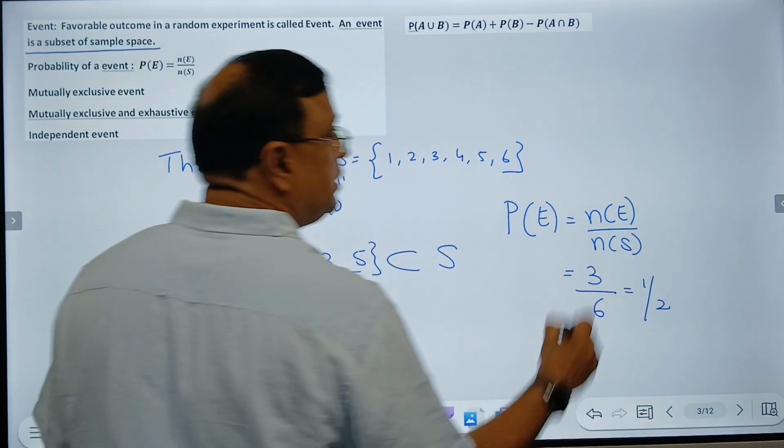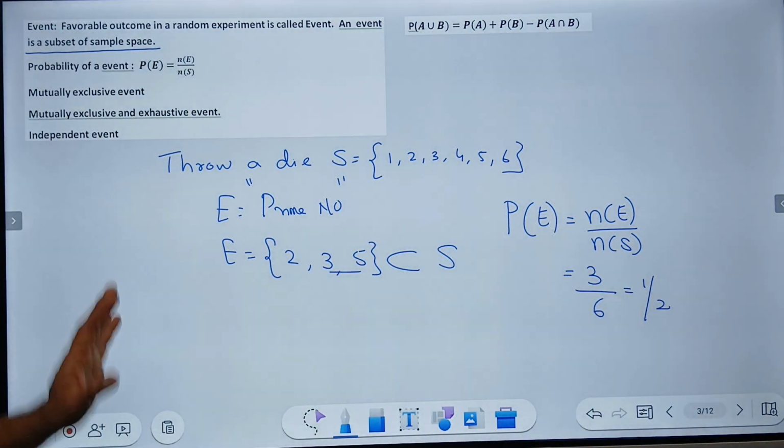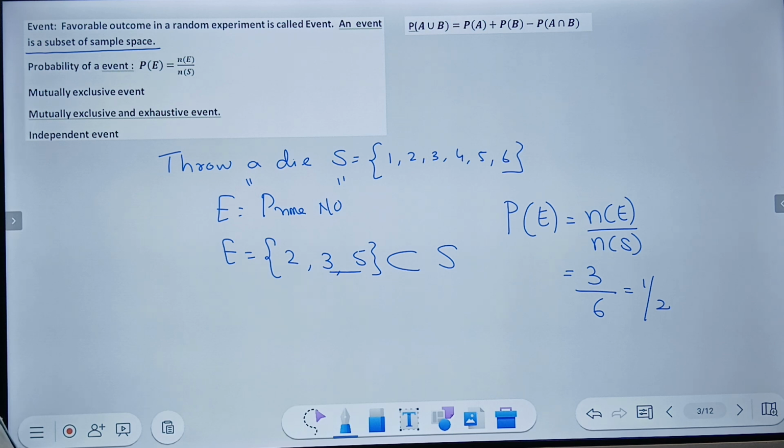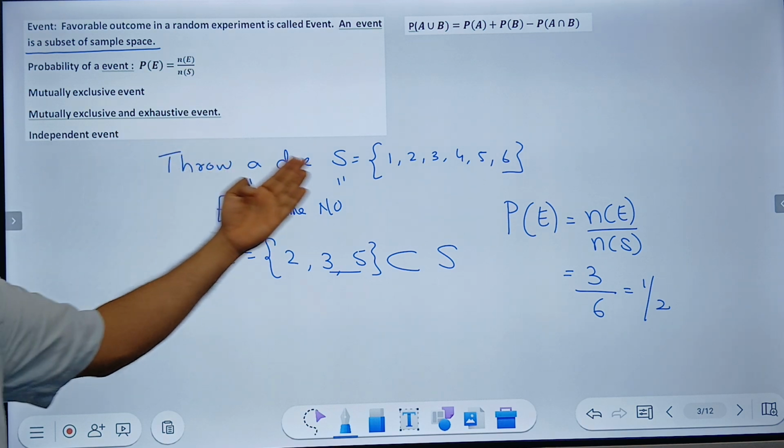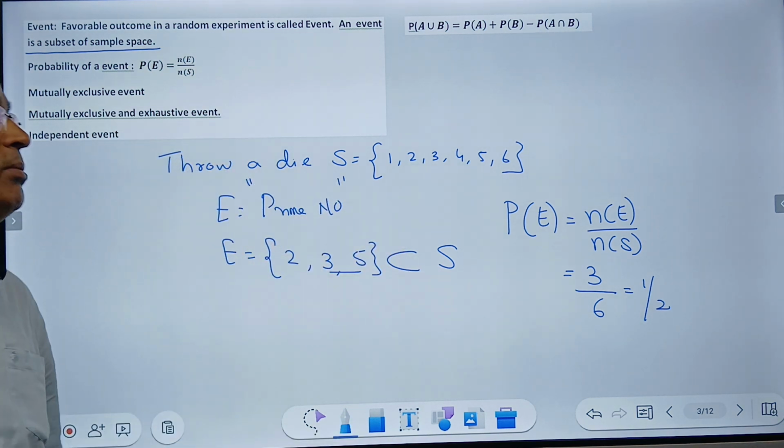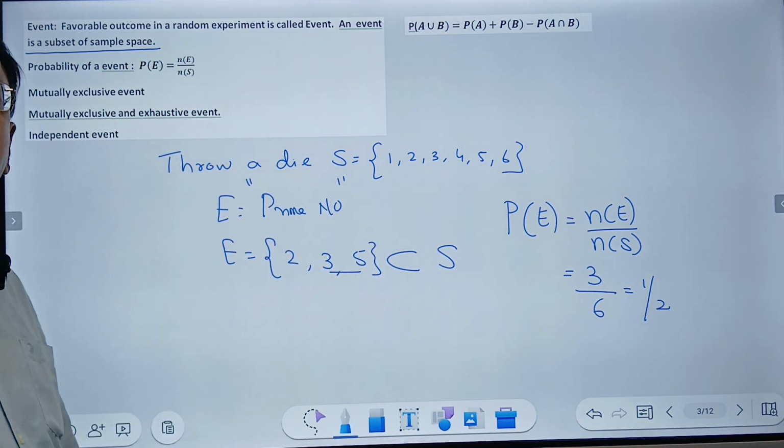So the probability is 1 by 2. So all possible outcomes in a random experiment is called the sample space. An event is always a subset of the sample space. Is that clear? And how do I measure probability? Probability is defined as n of E by n of S.